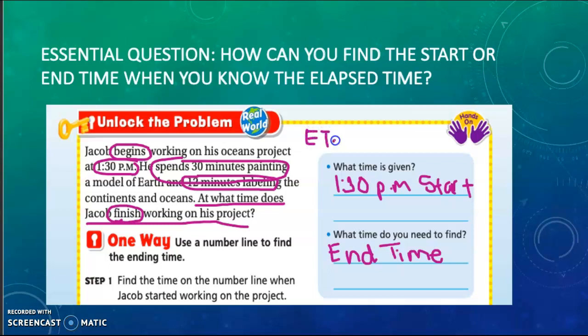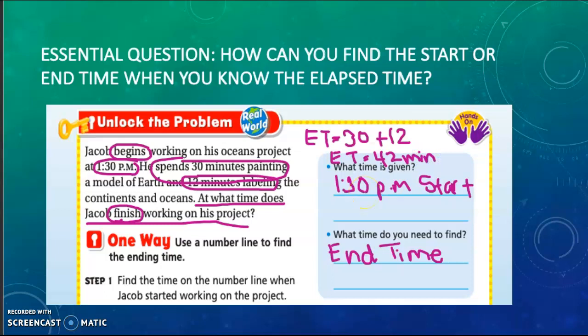And we're going to put 30 plus the 12 minutes it took him to label. So the total ET is going to be 42 minutes. Now remember that ET is how long did it take him to complete the activity.